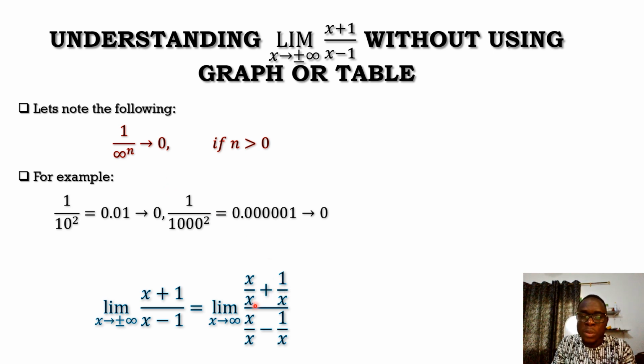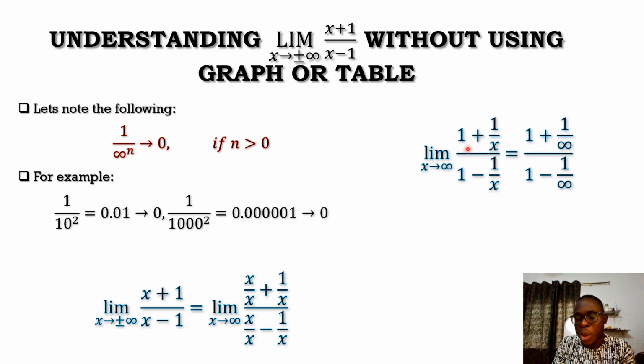So here we have to divide each of the terms by the highest power of x. So we divide x plus 1 divided by x, plus x divided by x, minus 1 divided by x. The motive is to create an expression of this form.